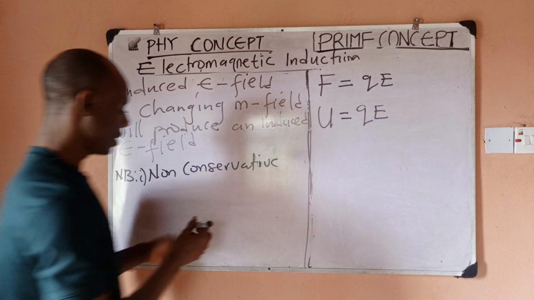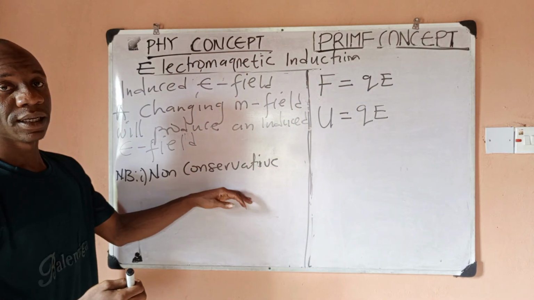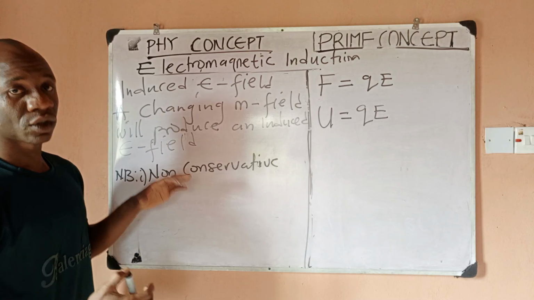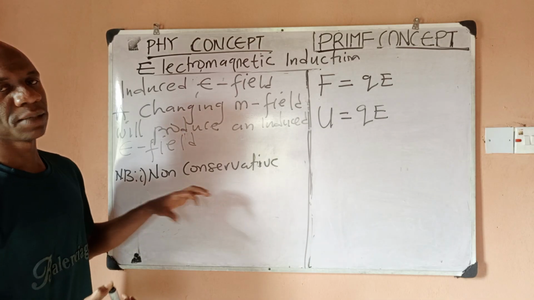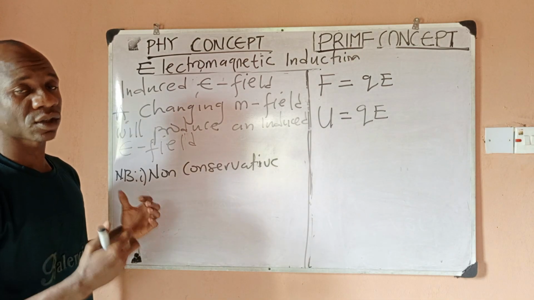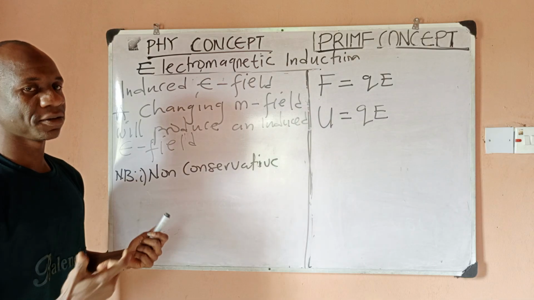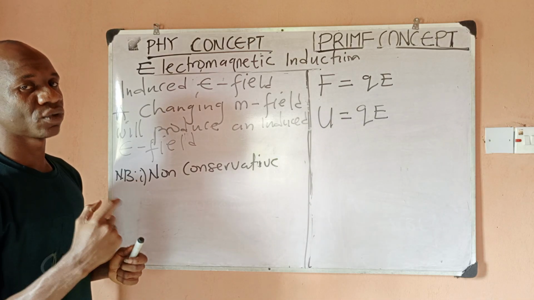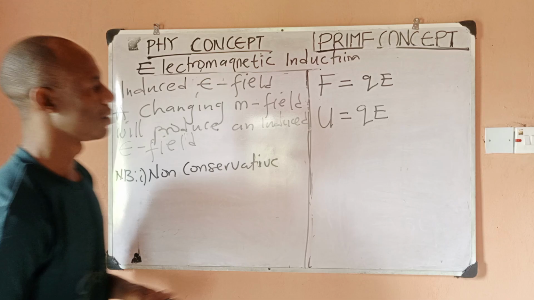Now, we want to look at a circular conductor that moves in a magnetic field. We're considering this conductor that induces an electric field to be a circular loop for simplicity.